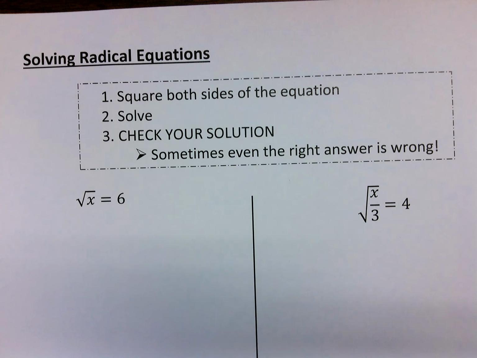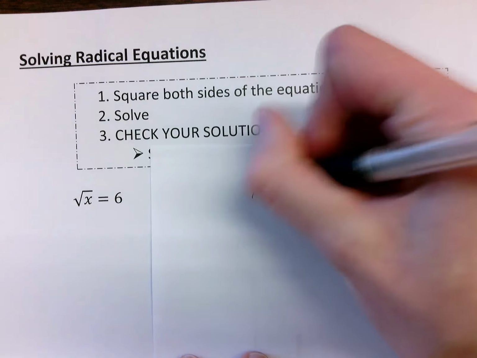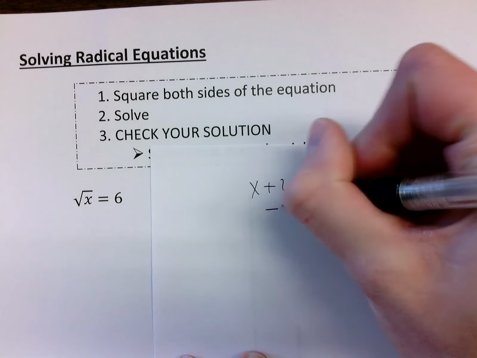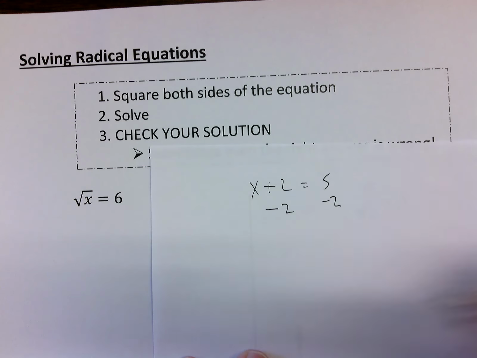Just like how, when you have an equation where it's x plus something and you need to get the x by itself, you subtract. Well, if it's x squared, then you take a square root. And if it's the square root of x, then you square. So if we had an equation that said x plus 2 equals 5, we would subtract on both sides because those are opposites.